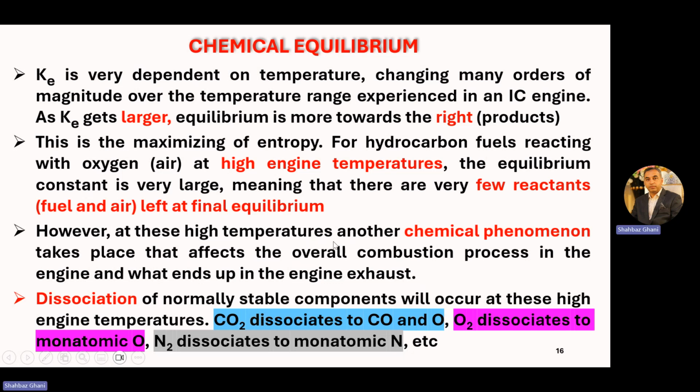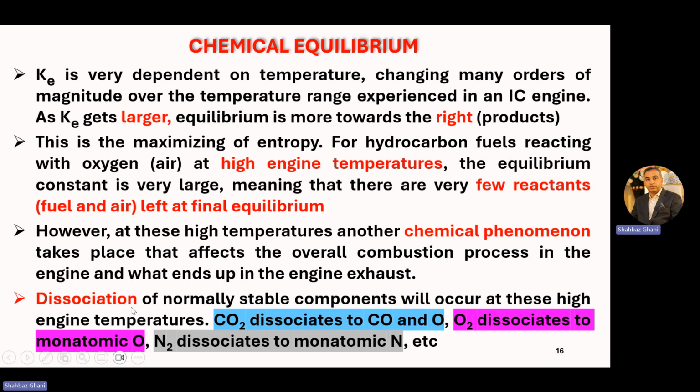However, at these high temperatures, other chemical phenomena take place that affect the overall combustion process in the engine and what ends up in the engine exhaust. That chemical phenomenon is known as dissociation of normally stable components, which will occur at these higher engine temperatures. How does this dissociation take place?